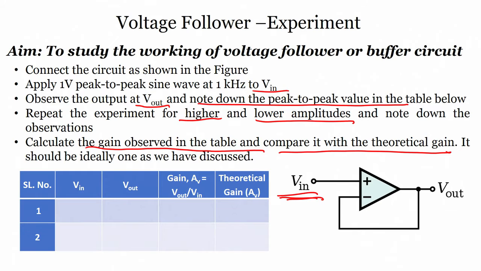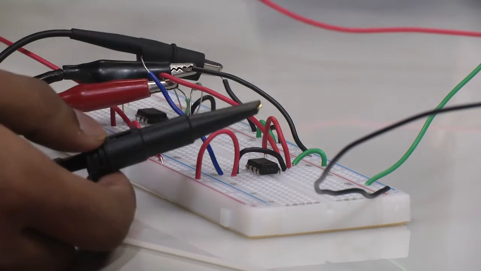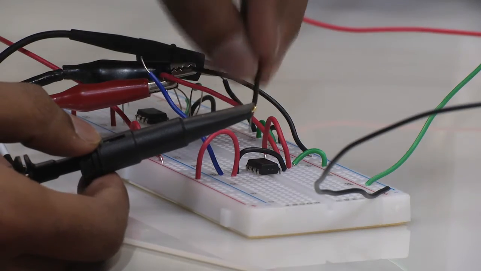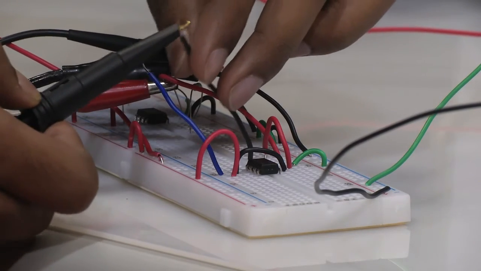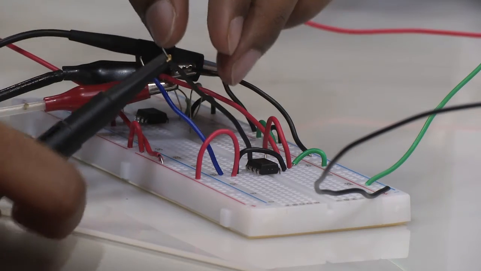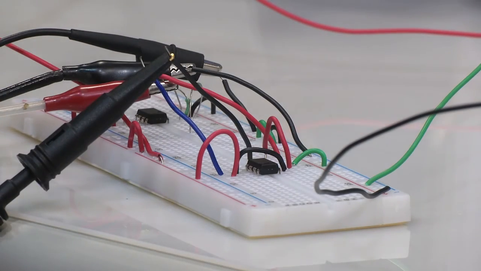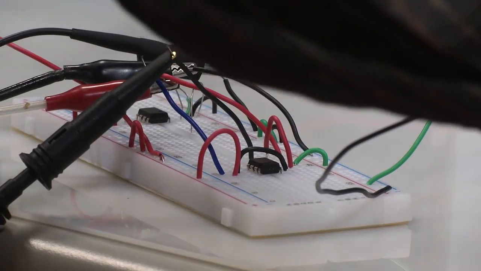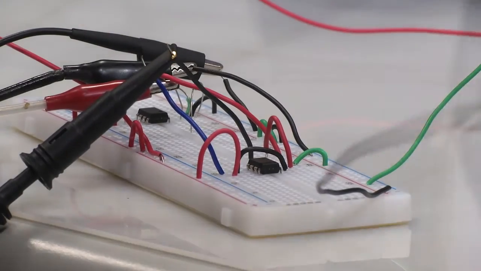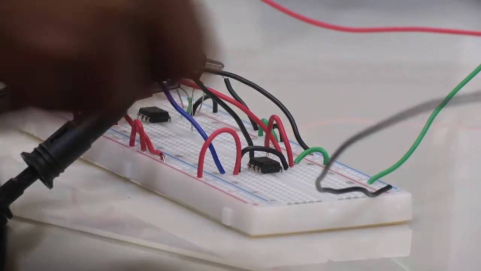So now we can see the voltage follower on the breadboard. We have seen the circuit, it is already connected, and what we will be doing is applying the input voltage from the function generator here. So what is the voltage we have to see, and then correspondingly what is the output voltage we will see.